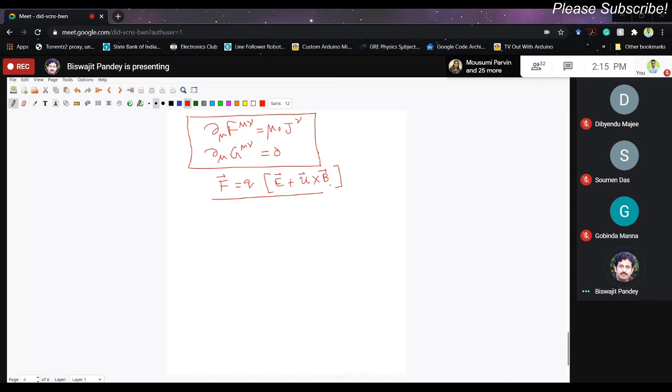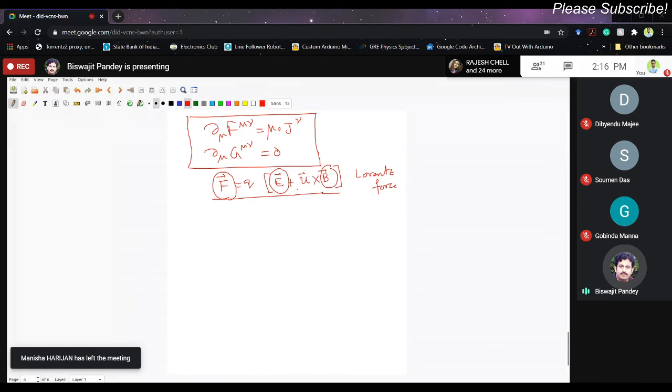Now, if you see the quantities on both sides, what is the quantity on the left hand side? This is force, and these are electric field and magnetic field. When we are in 3 dimensions, we can think that we have a 3-vector on the left hand side, which is obtained from the electric field and magnetic field, which are again 3-vectors, right?